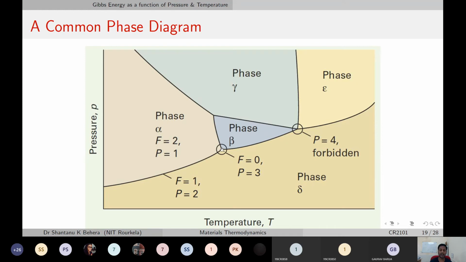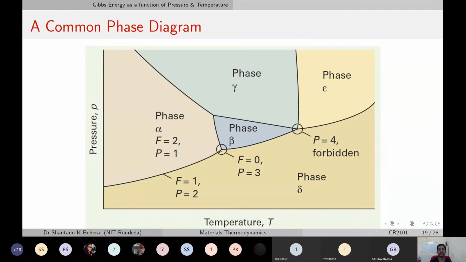So that's why this is called an invariant point. We call it a univariant line here, and this is called the invariant point. Normally we use the language of triple point in phase diagrams for this point.